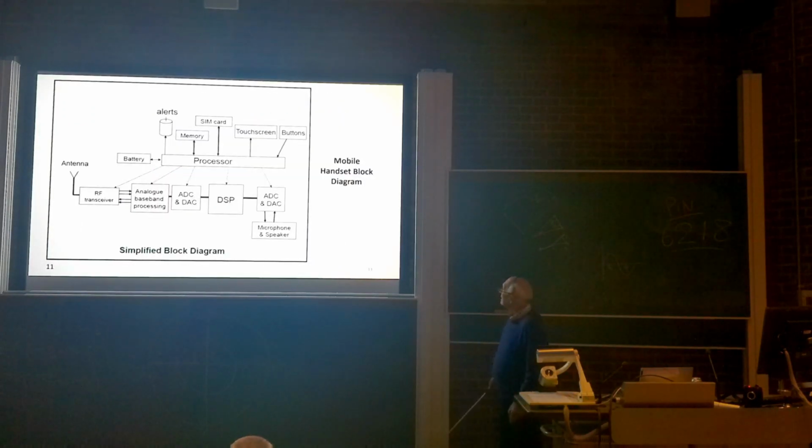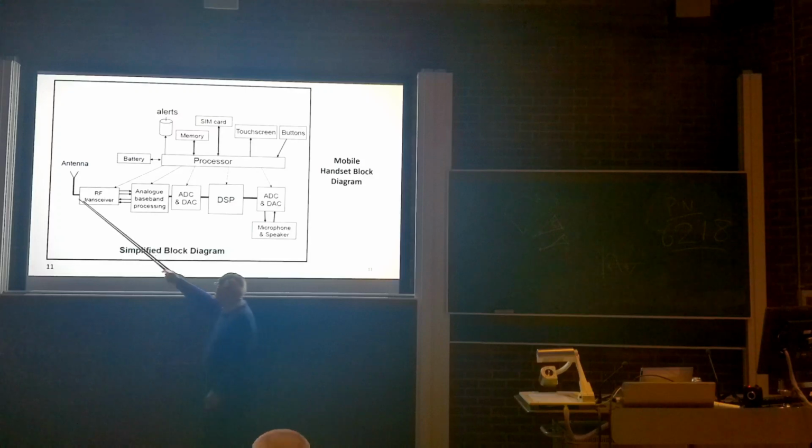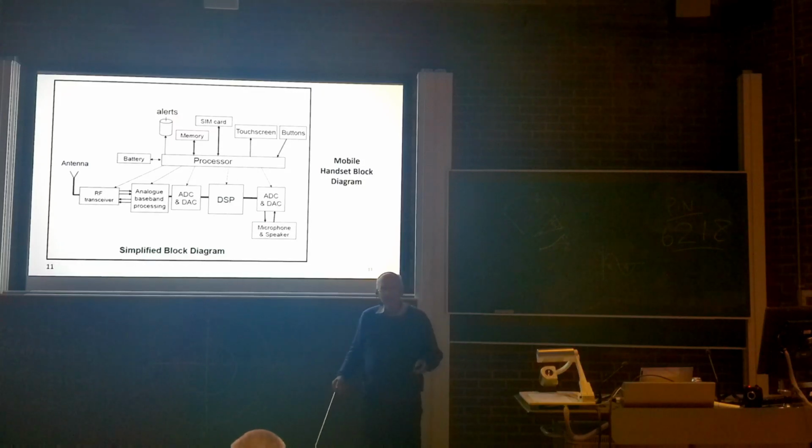So, mobile handset block diagram. This gives you some idea of the bits of the system and the fact that it is quite a complicated system. If we start at the aerial, the antenna, here is the RF transceiver. Now RF and digital are very different animals, so the technology which you use for one is not necessarily ideally suited to the other.